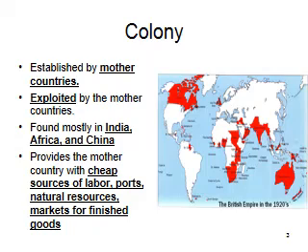During the 19th century, or the 1800s, colonial areas could be found in places like India or the Indian subcontinent, the African continent, and Asia, specifically parts of China and even parts of Malaysia. And again, as we said in the previous slide, the idea of the colony is to provide the mother country with cheap sources of labor, ports, resources, and markets.